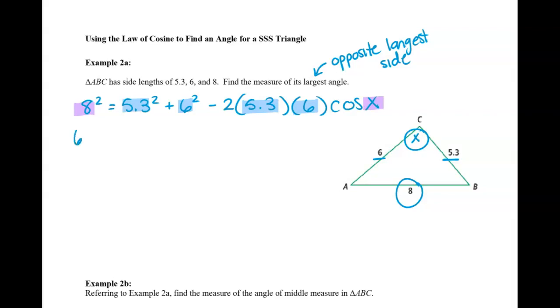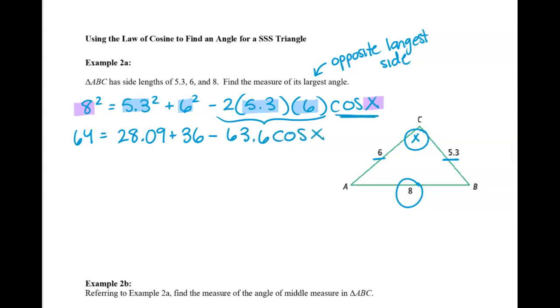So 8 squared is 64. 5.3 squared is 28.09. No, I don't know that in my head. That's calculator work. 6 squared is 36 minus, and now 2 times 5.3 times 6 is 63.6. And then I'll bring down the cosine of x.